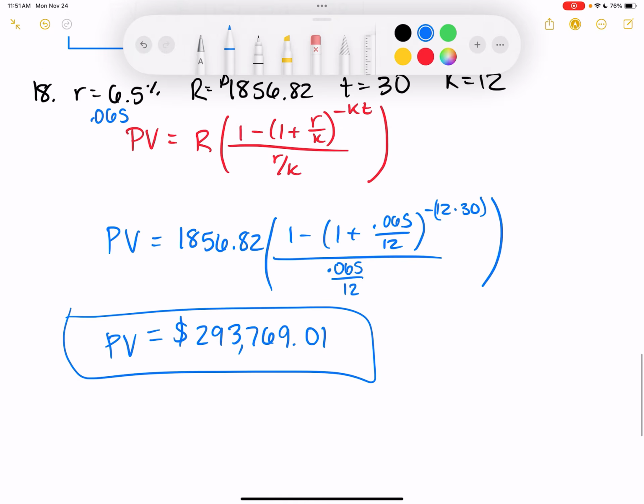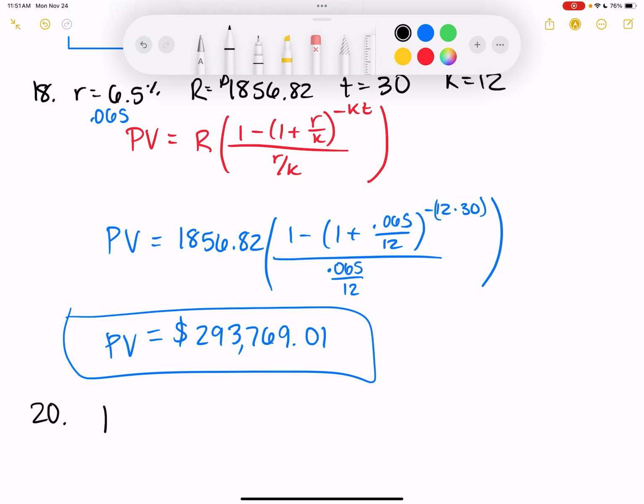Another present value problem. Slightly different now in what they're giving us. They're going to give us the present value, and we are going to be finding big R. Okay? So, find the periodic payment R of a loan with present value PV and an annual interest rate r for a term of T years with payments made and interest charged 12 times per year.